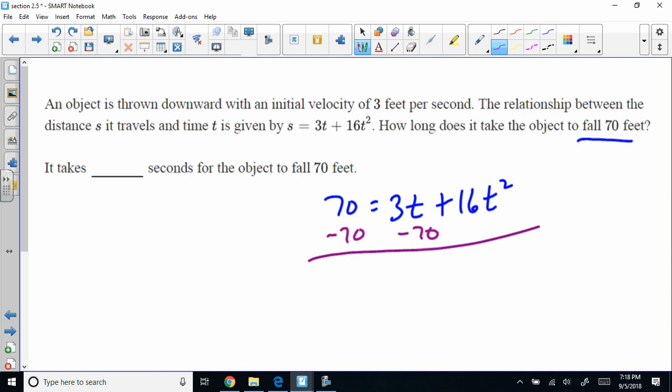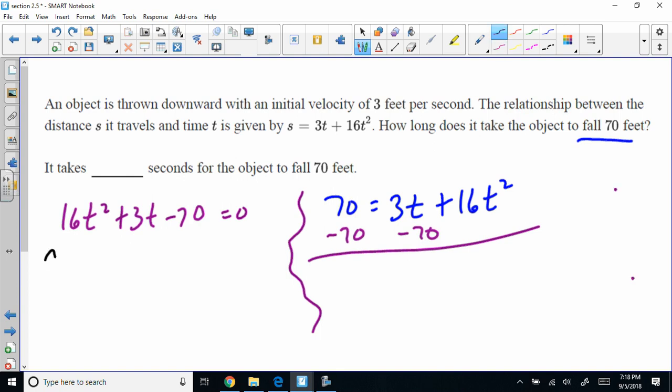So you could do a couple of things. It doesn't really matter. I could take everything over to the left-hand side, or to the right side, as long as you pick a side and go. So I'm going to clean some stuff up and go 16t squared plus 3t minus 70 equals 0. All right, do you want to do the quadratic formula? Is that okay?